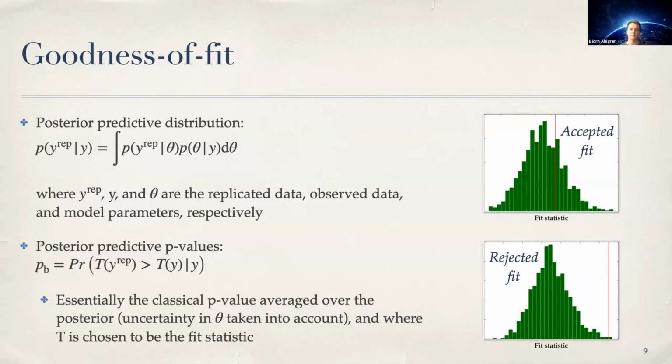What we do is assume that the fitted model represents the true data generating process, and we draw replicated data, or simulated data, from the posterior predictive distribution and compare it to the observed data by comparing the fit to the replicated data with the fit to the observed data. If the observed value is large with respect to the fit to the simulated data, then we can conclude that it's very unlikely that the observed data were generated from our model. Now, what about the results then?